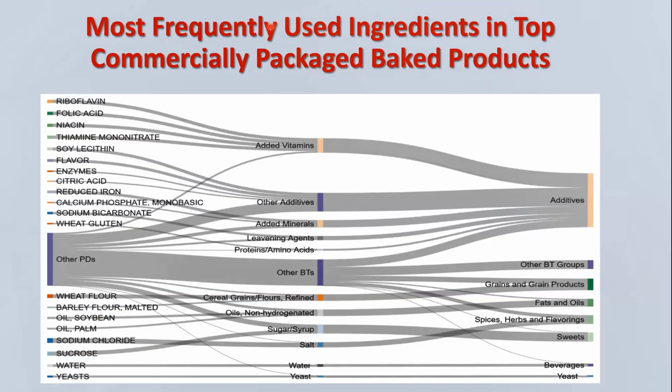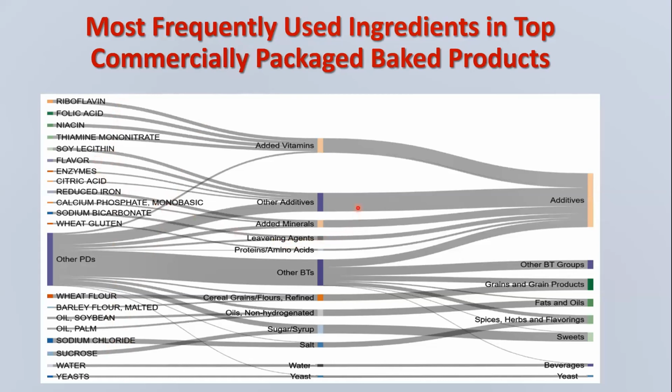The Sankey diagram here visualizes the most frequently used ingredients, and they are sodium chloride, sucrose, wheat flour, the fortificant nutrients such as riboflavin, folic acid, niacin, etc., soy lecithin, and flavors.